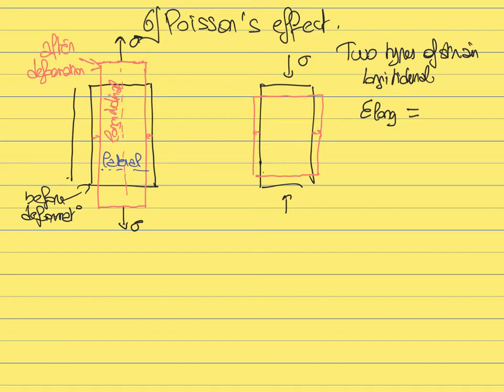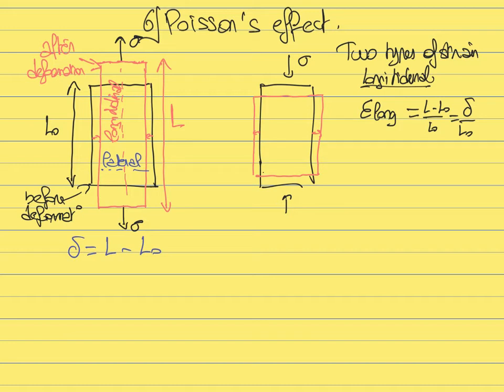You look at the length before the deformation, L naught, then you look at the length after the deformation, L. You define the elongation as the difference between the new length and the old length, and based on this, you define the longitudinal strain as either the new length minus the old length divided by the initial length, or the elongation divided by the initial length. That is the strain along the longitudinal direction.